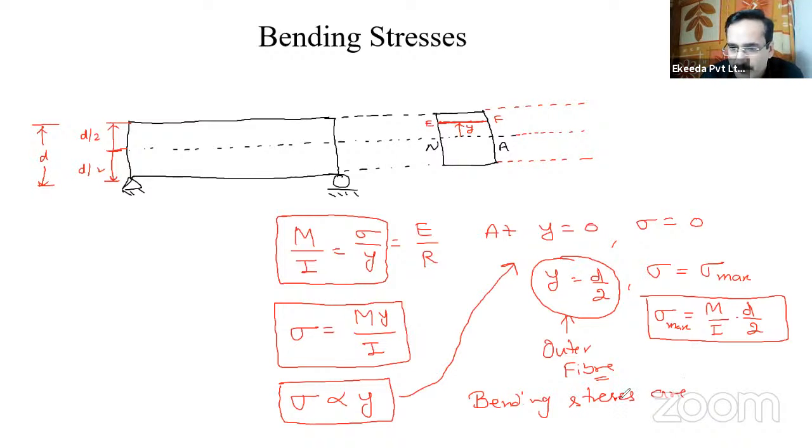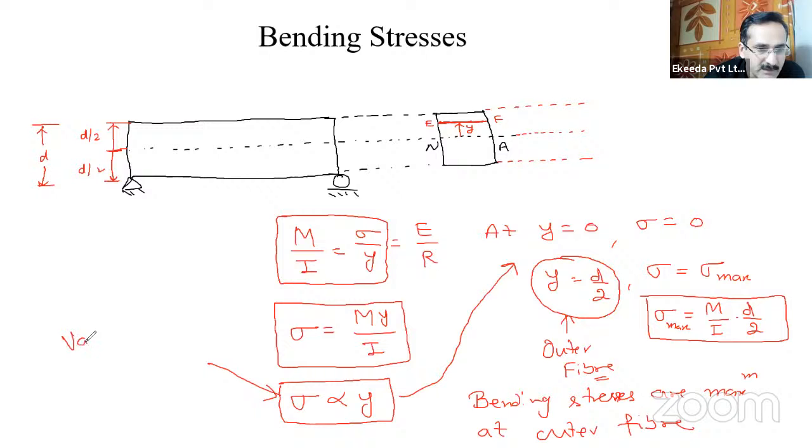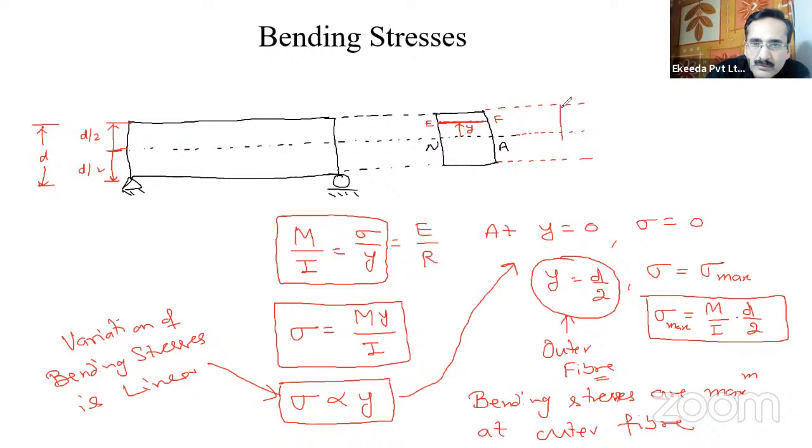And also we know from this equation that the variation of bending stresses is linear. So from here we can now draw the bending stresses. Bending stresses will be a linear variation like this.